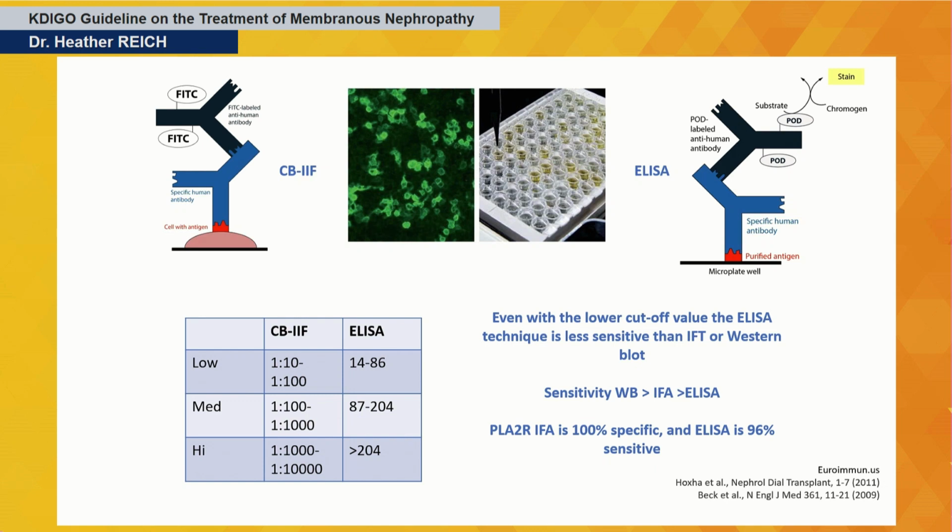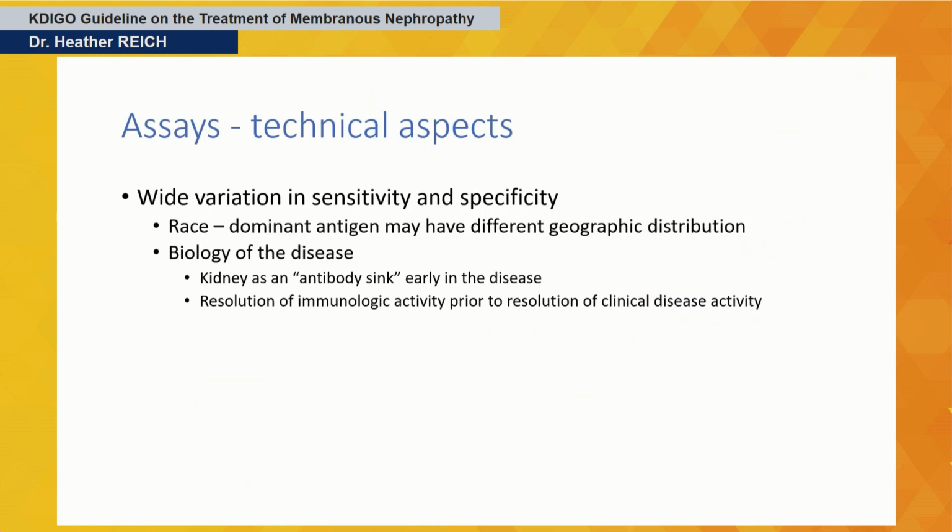In the table at the bottom, you can see data from the package inserts of these assays, which reflect the reference ranges for positivity. And even if we extend the lower limit below 14, the ELISA still has the lowest level of sensitivity. So those are the technical aspects related to assay characteristics, but there are also biologic variables.